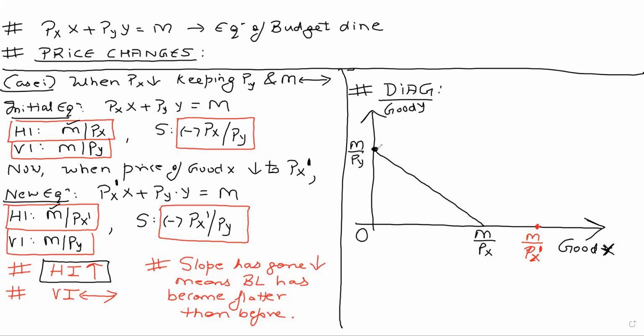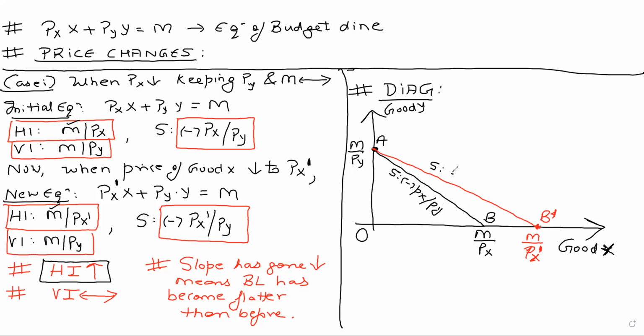Okay, and you can see my budget line swivels from the black budget line to the red budget line. So this was my budget line AB, initial budget line. Now it is AB1. Slope of the initial budget line was minus px by py.